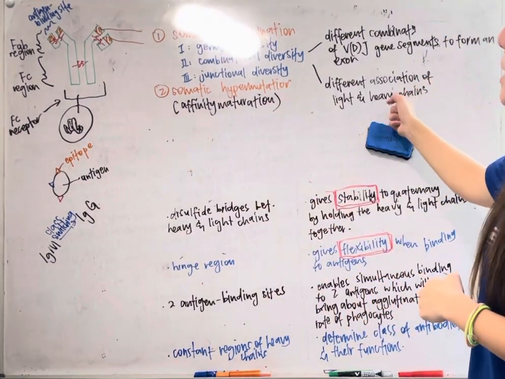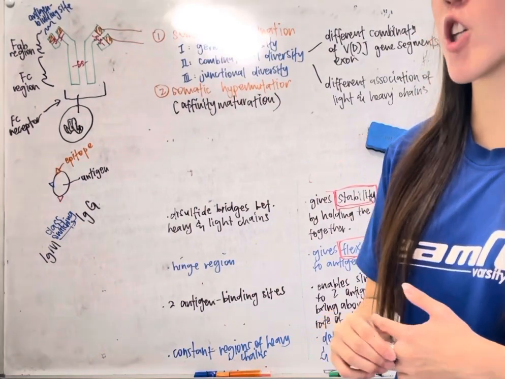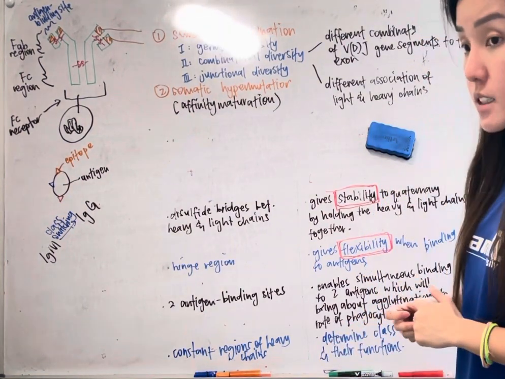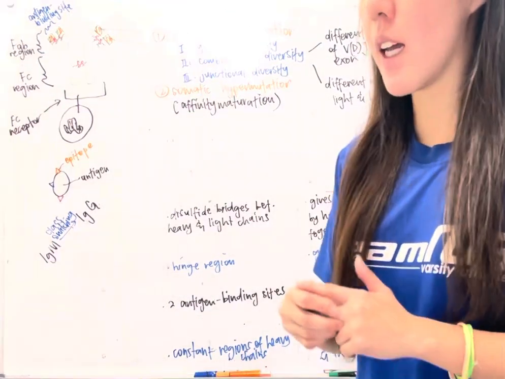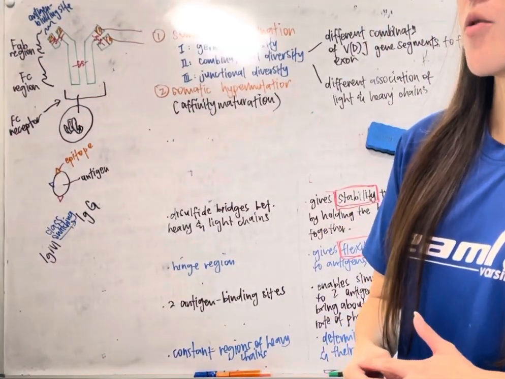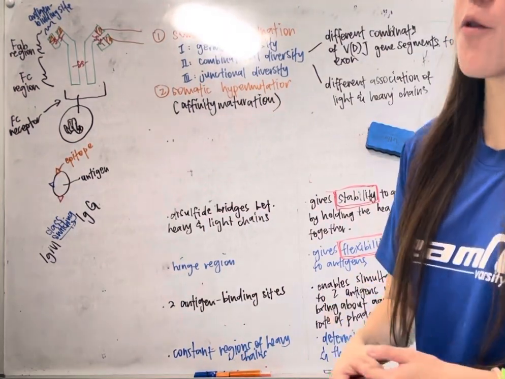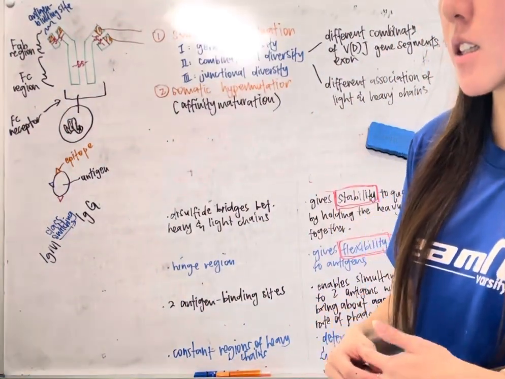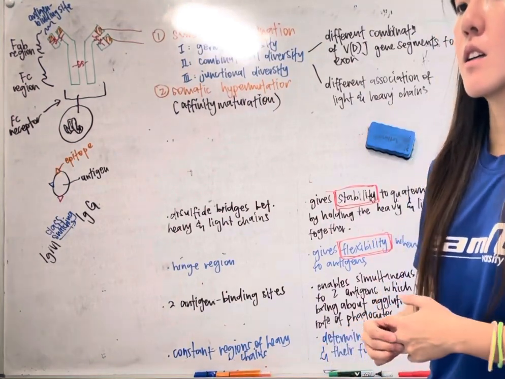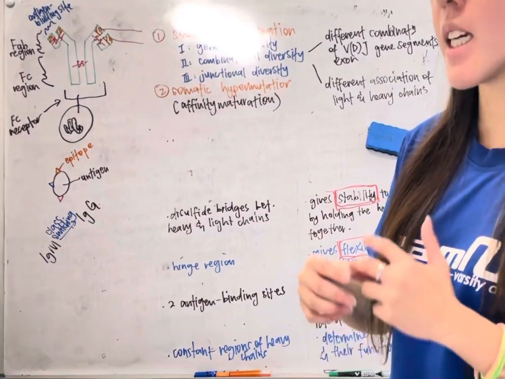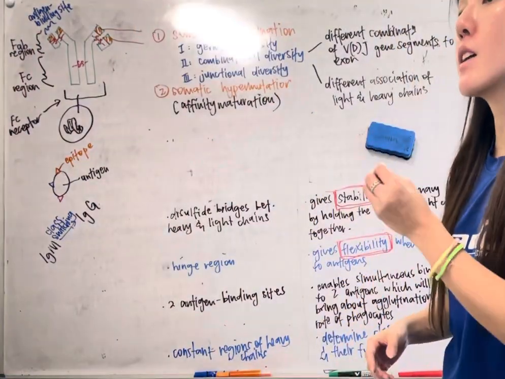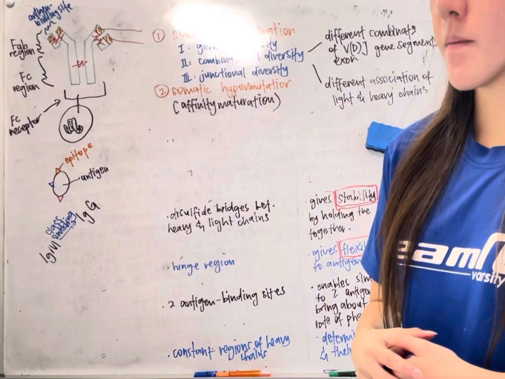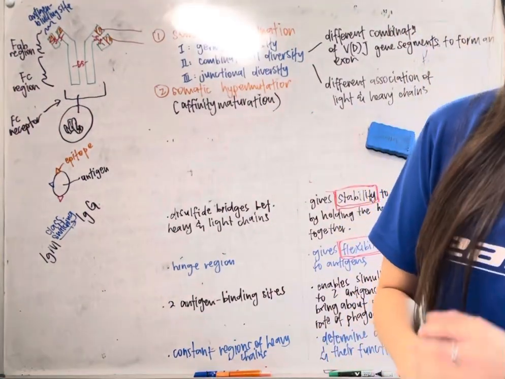So I repeat, different association of light and heavy chain variable domains help form different antigen binding sites to bind to different antigens, generating different antigen specificities.